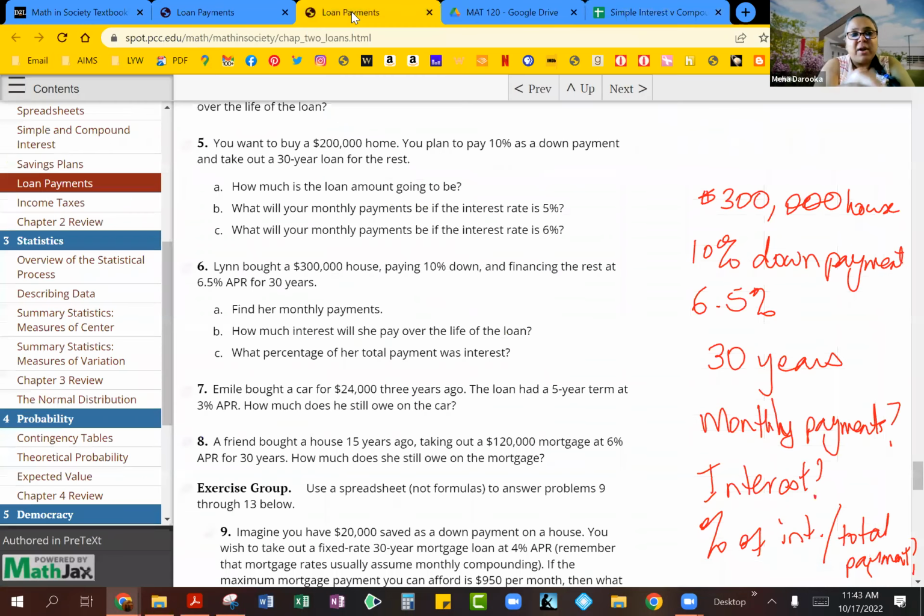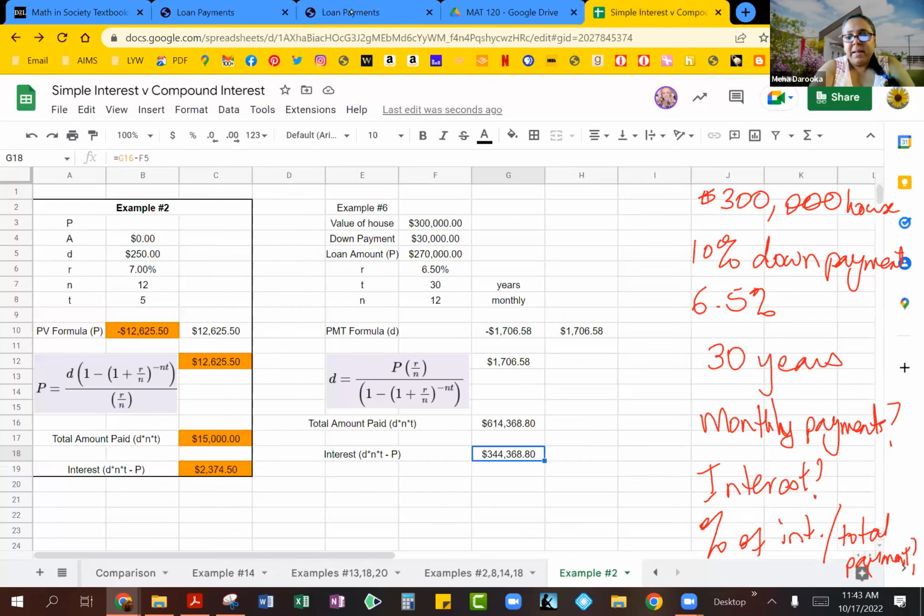Then the last part they're asking us is, of course, to figure out what percentage of her total payment was the interest. So this is, again, going to be the interest divided by the total she paid.